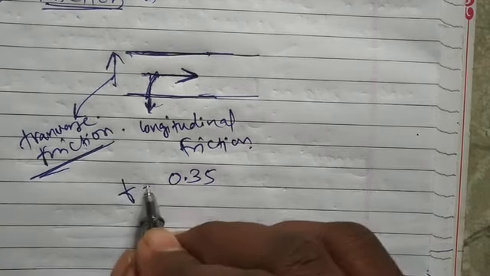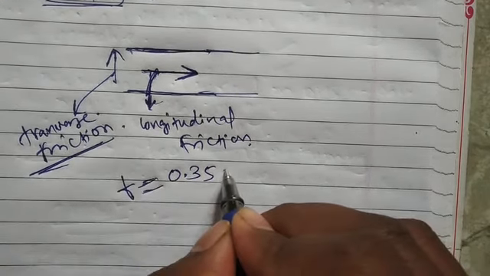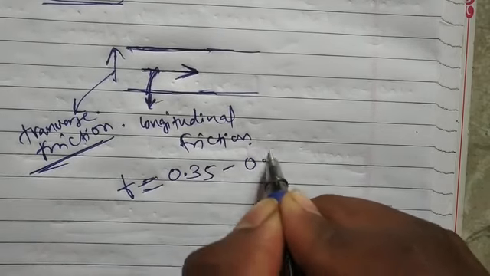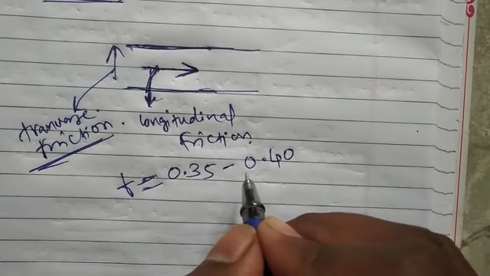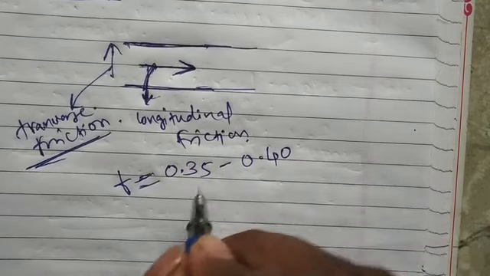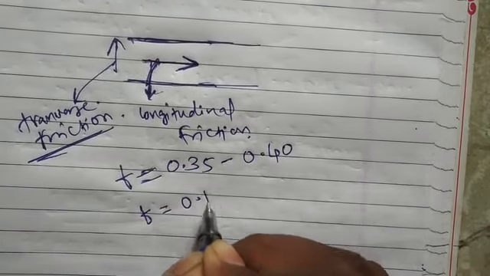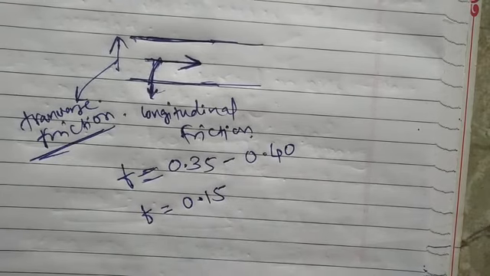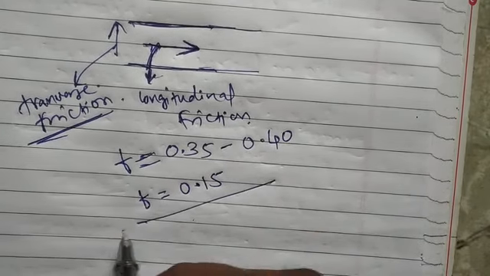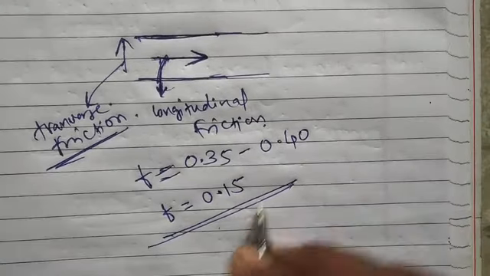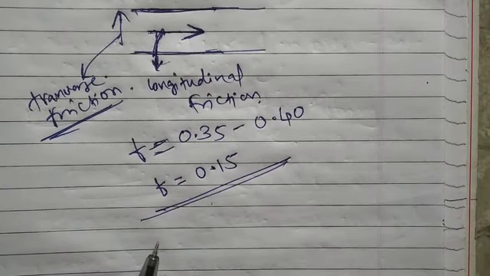The coefficient of longitudinal friction ranges between 0.35 to 0.40, whereas the coefficient of transverse friction is assumed as 0.15. Okay, so these values are given by IRC for our reference.